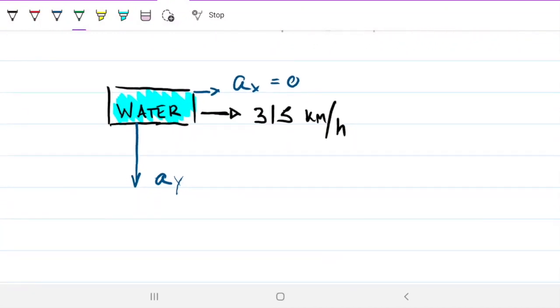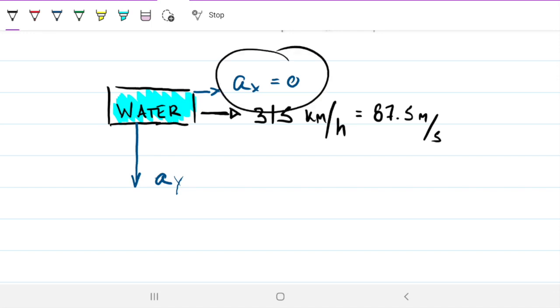The water is traveling horizontally at 315 kilometers per hour, which is the same thing as 87.5 meters per second. Don't forget, you can always convert by using that 1 hour is the same as 3,600 seconds and multiplying by 1, so you keep the same magnitude and just change the units. In the x direction, there's no acceleration whatsoever.